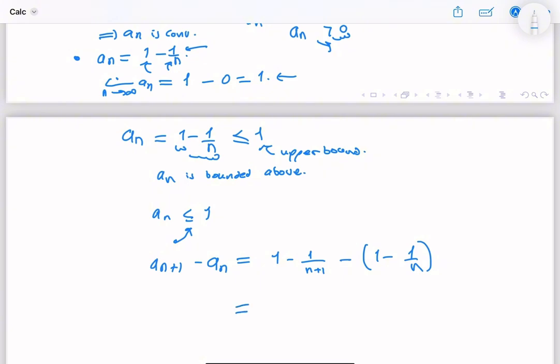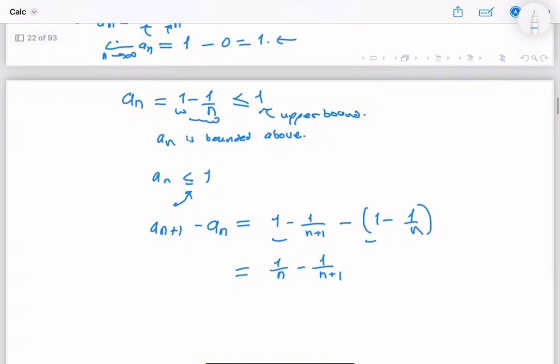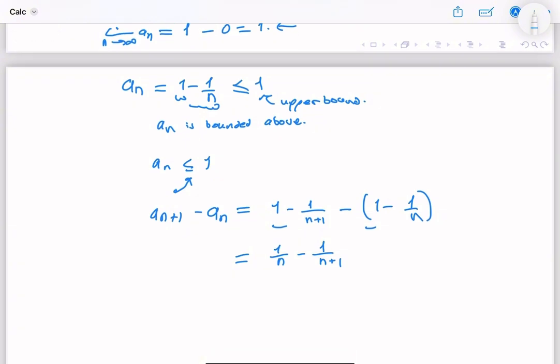The 1 and the 1 will go, and you'll be left with 1 over n minus 1 over n plus 1. Now, you actually know that this is positive for every n. But why is that true? Well, because n is less than n plus 1, and hence 1 over n is bigger than 1 over n plus 1, and hence 1 over n minus 1 over n plus 1 is positive, right?